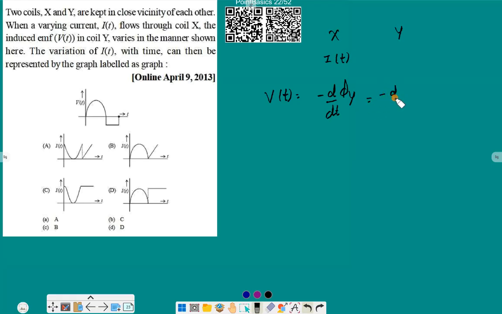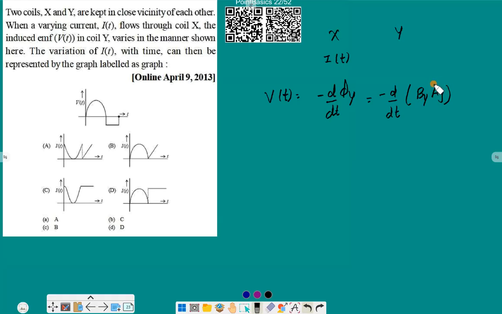Now, flux in Y will depend upon the magnetic field at Y times the area of coil Y, because both of these are coils. Now, the area of the coil is constant. Here, the magnetic field will be changing. Why? Because of the magnetic field due to a coil.